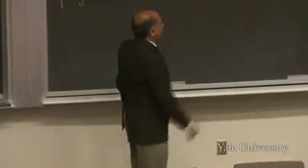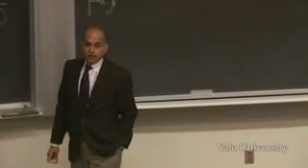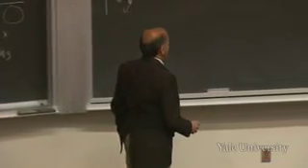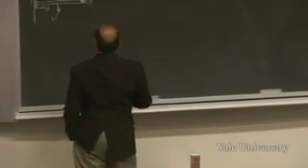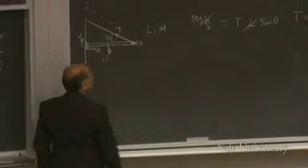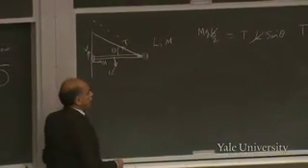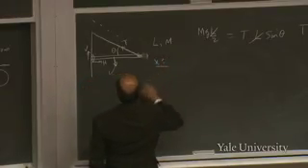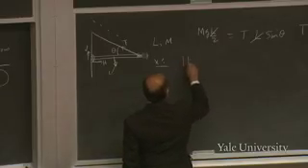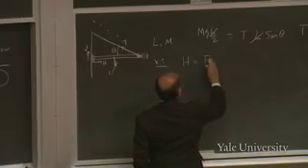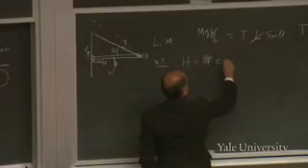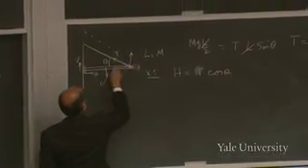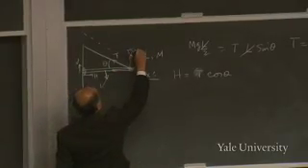Okay, so we found the tension here. If that's all you want to know, that's the end of the problem. You got the tension. But you may be asked to do more. You could be asked to now find what's happening at the pivot. Then you have to go back to the forces. In the horizontal direction, the x direction, the total forces have to add to 0. So H should be equal to F, which should be equal to tension times cosine theta, because this T has a T sine theta that way and a T cosine theta that way.